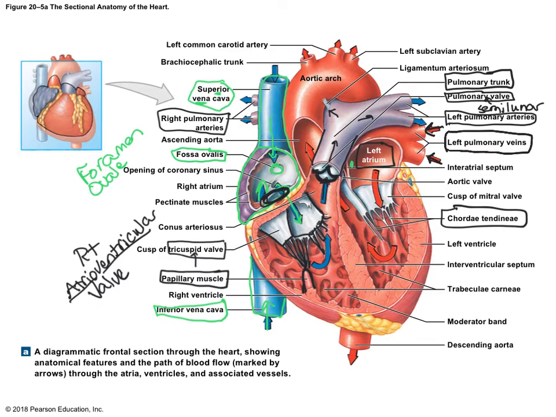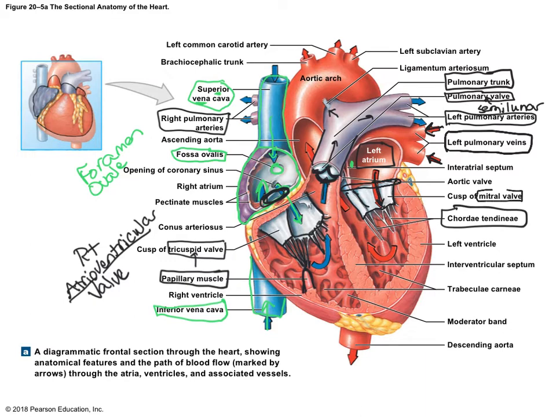From the left atrium, blood will flow through this hole. There's an opening between the left atrium and the left ventricle. And as it passes through that hole, it has to pass by another cuspid valve. So here's the cuspid valve for that opening into the left ventricle. We give this valve a number of names.